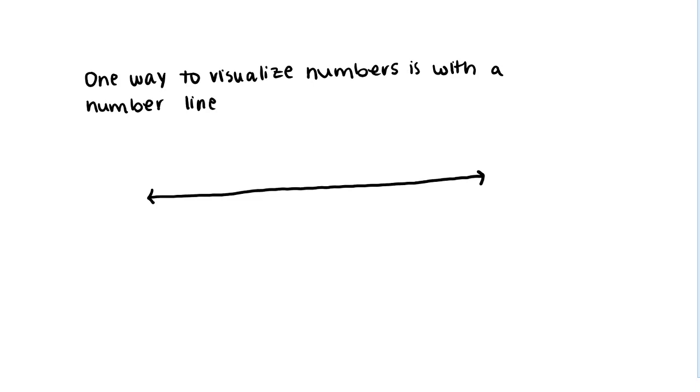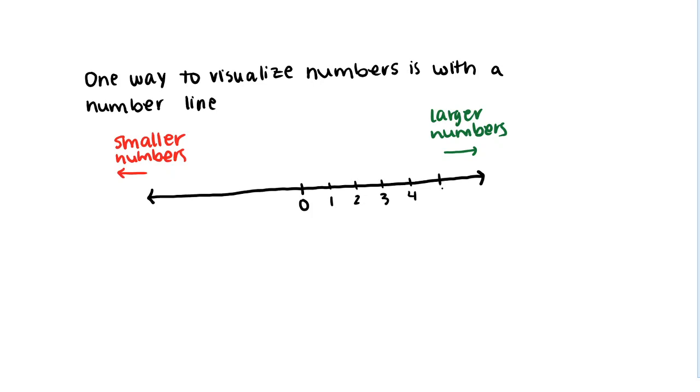Smaller numbers are further left on this number line, and larger numbers are further right on this number line. And so if I position 0 in the middle, then we can position the positive numbers to the right of this number line. Here would be 1, 2, 3, 4, 5, 6, all evenly spaced out.